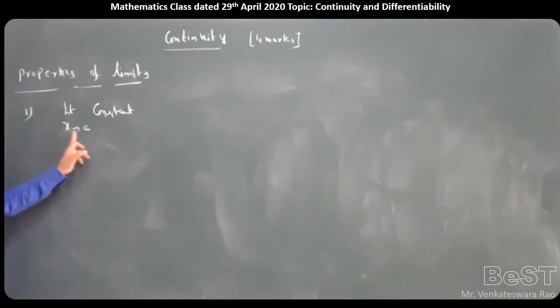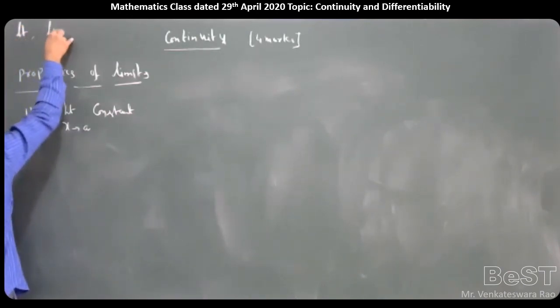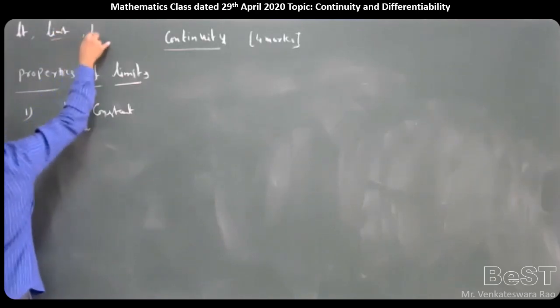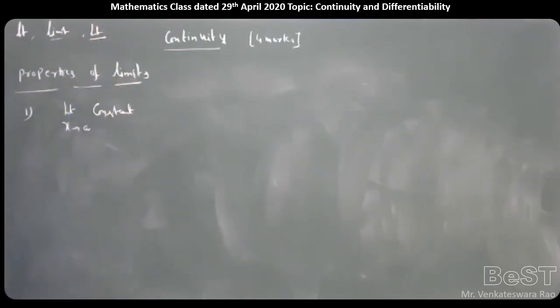Limit, x tends to. I wrote simply LT; you can write full LIMIT also. In some textbooks they write the complete word limit, in some the short form LT. But how to read this?